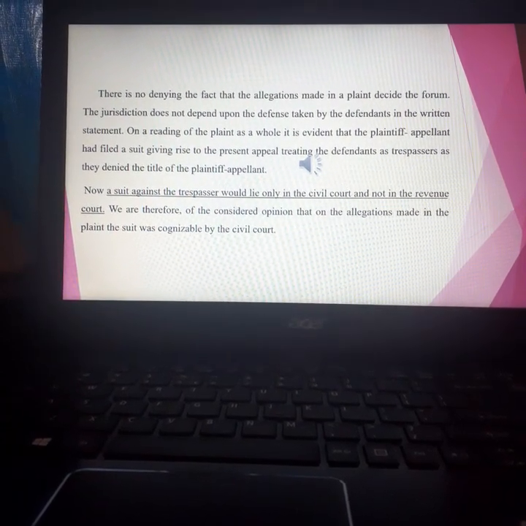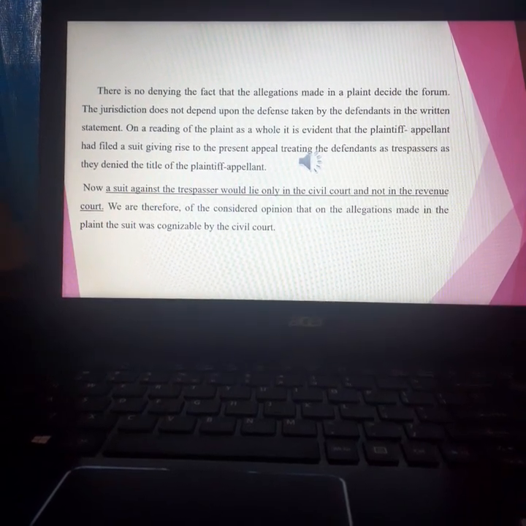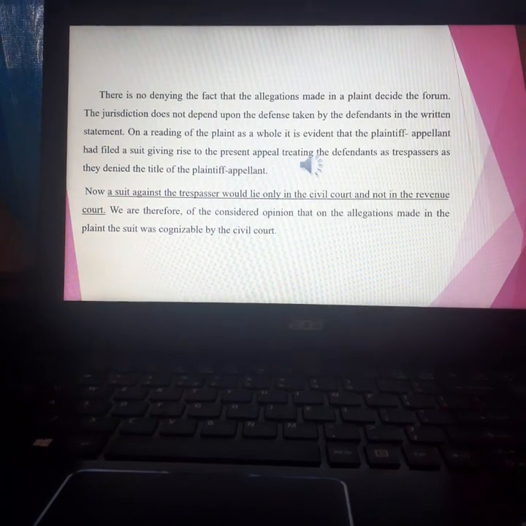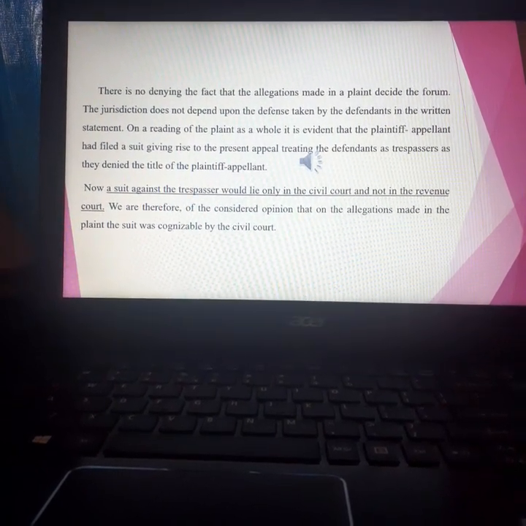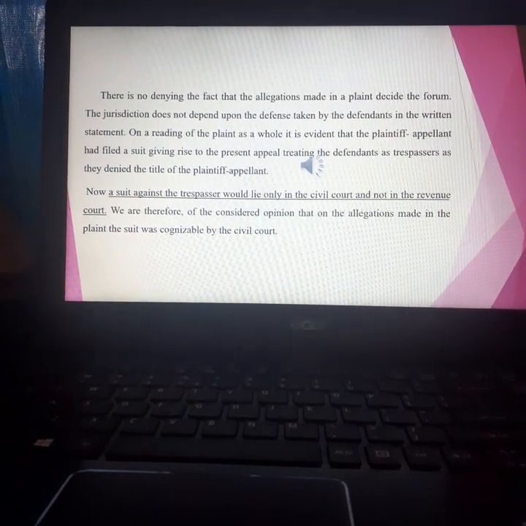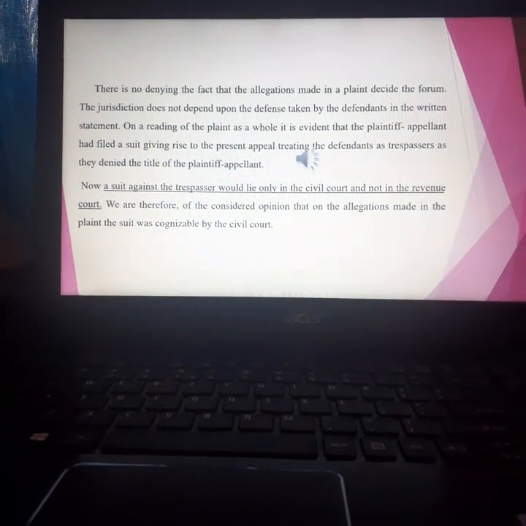Now, a suit against the trespasser would lie only in the civil court and not in the revenue court. We are, therefore, of the considered opinion that on the allegations made in the plaint, the suit was cognizable by the civil court.